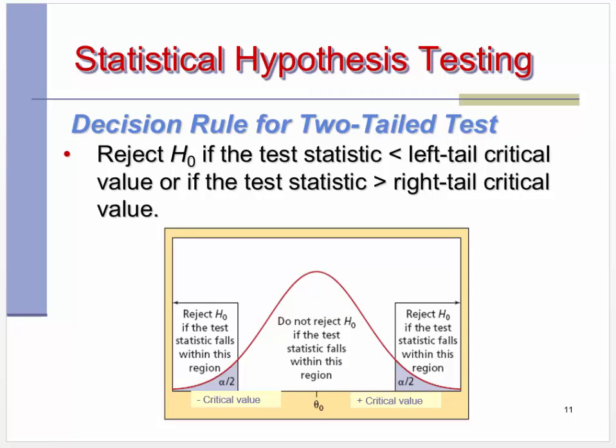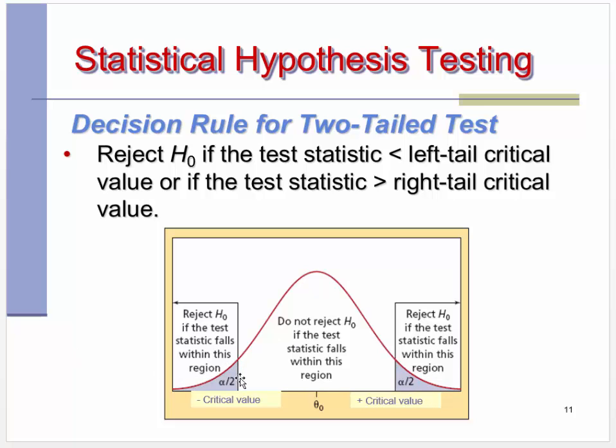Okay? So basically, the decision rule for two-tail test will reject null if the test statistic, calculated from the data sample, is less than the left tail critical value, or if test statistic is larger than the right tail critical value. Here it is, right? If your test statistic falls in this region to the left of the left critical value, or if it's larger than the right critical value, then we will reject null.